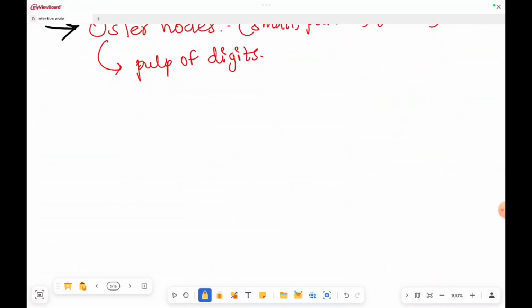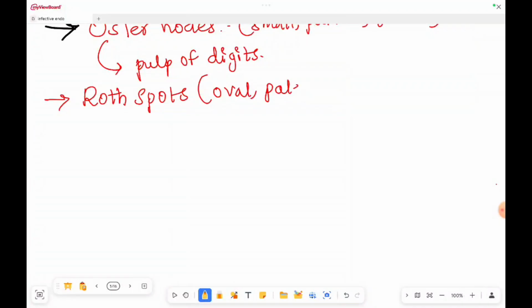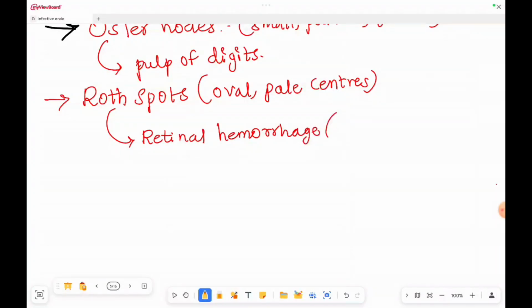And at last, Roth spots. Roth spots are oval with pale centers. So these are ocular manifestation actually. They are retinal hemorrhage in eye.